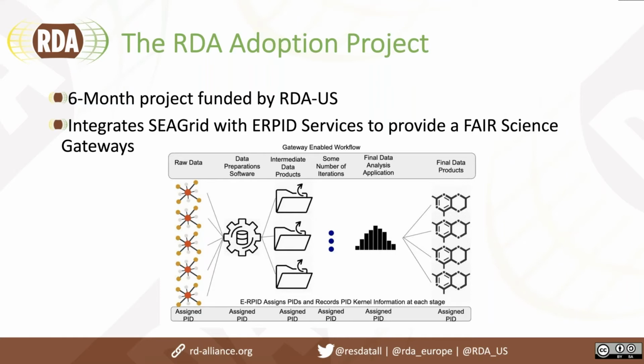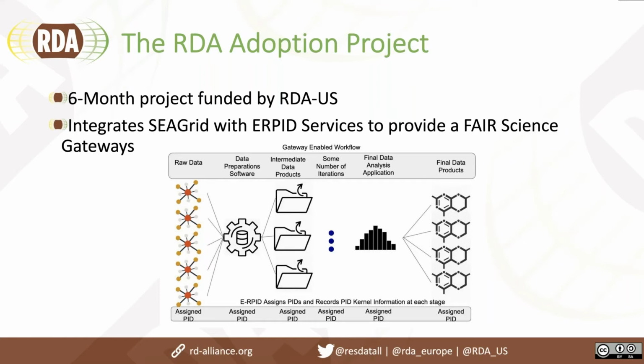This generic workflow describes the steps from raw data through some preparations, or data munging, into intermediate data products. It's sent through some number of iterations to a final data analysis, and finally final products. This is a very generic version of a workflow.